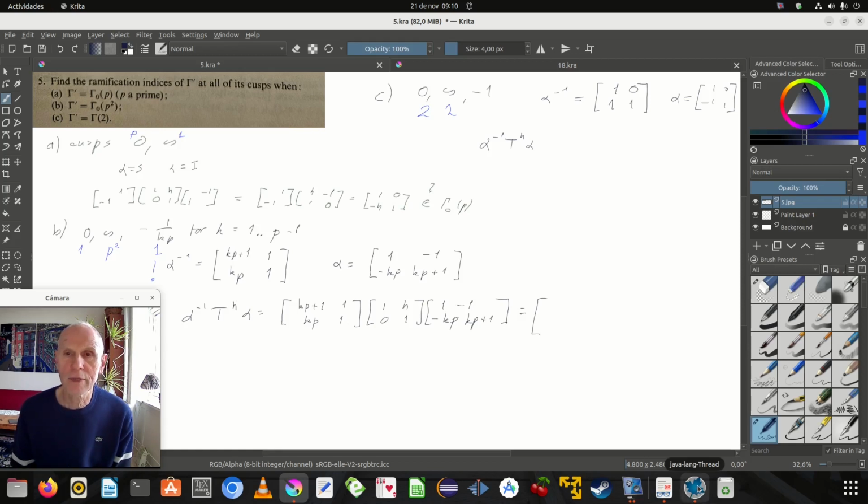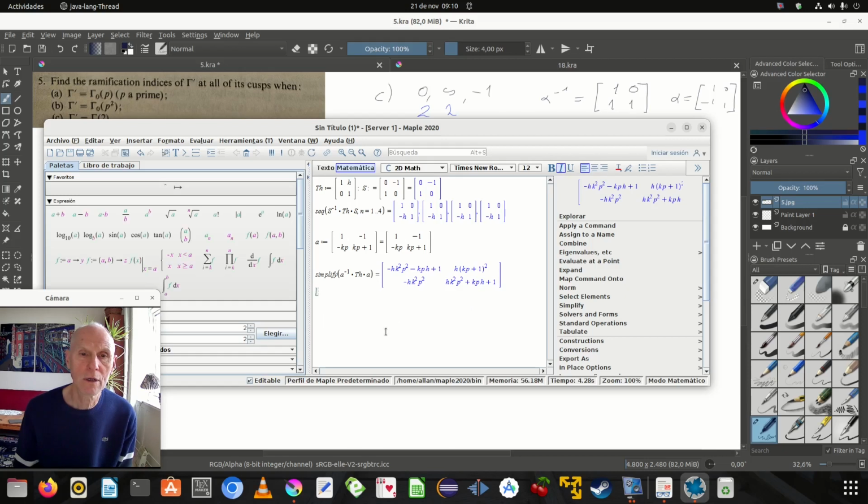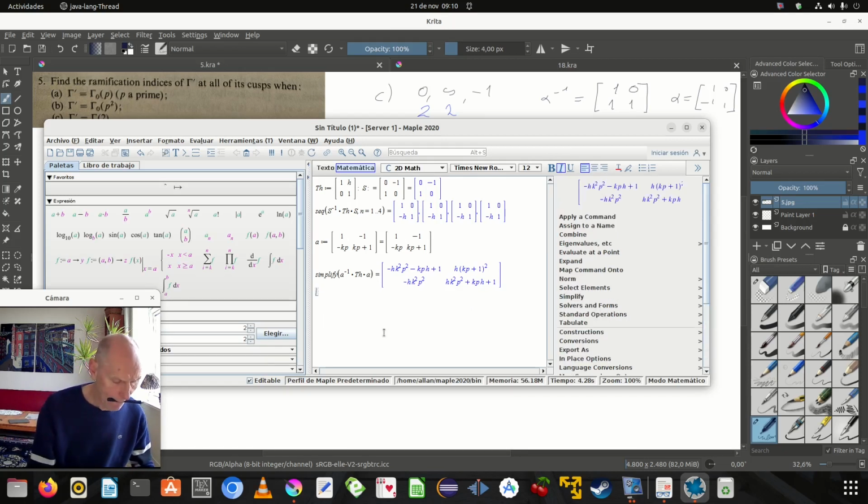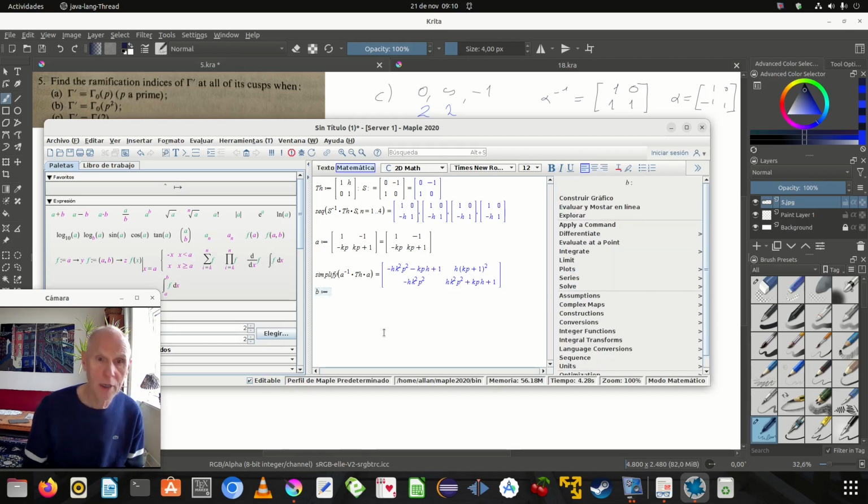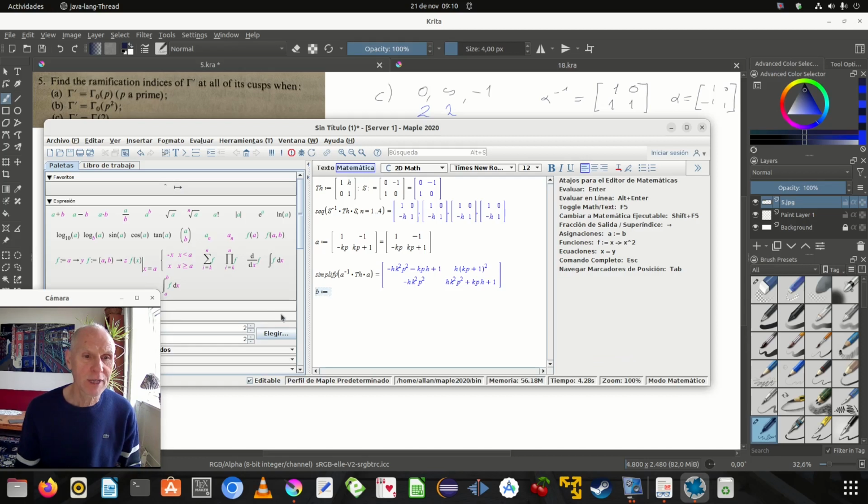And let's do that in Maple as well. Let's define it to be B. It's safer.